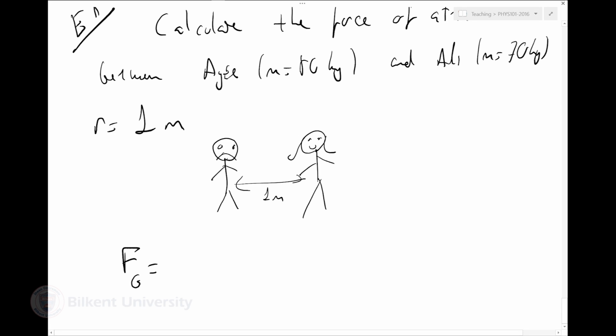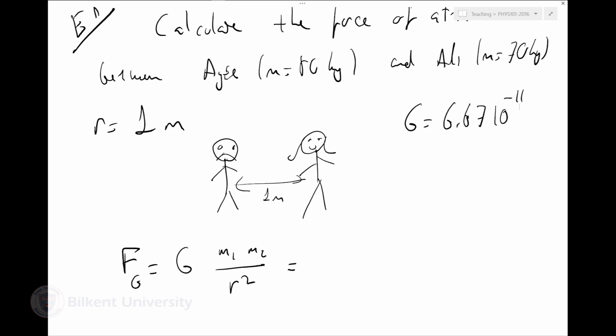Now, this is going to be G m1 m2 over r squared. And now I have to tell you the value of G. The value of G, it turns out, is in SI units 6.67 times 10 to the minus 11. How about the unit? What should be the unit of G?